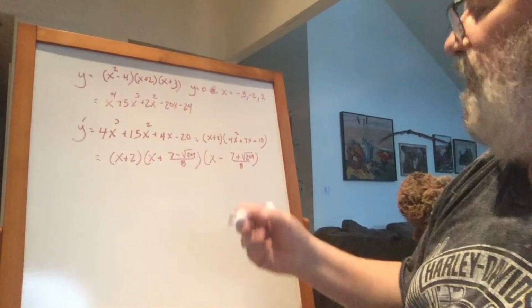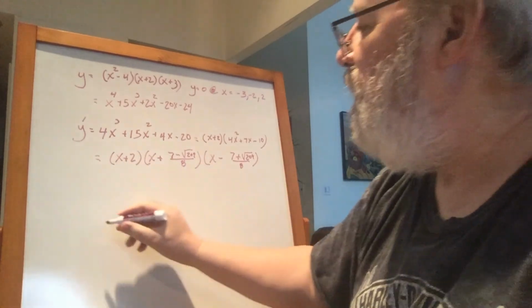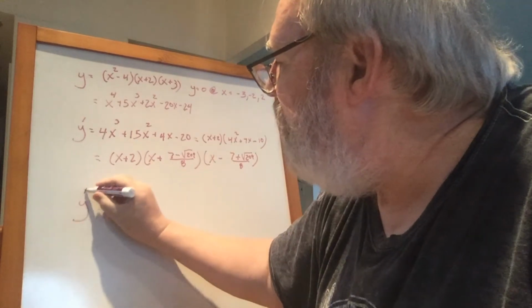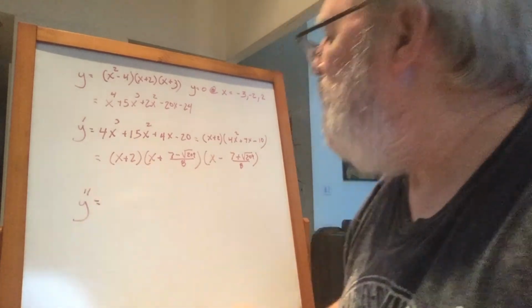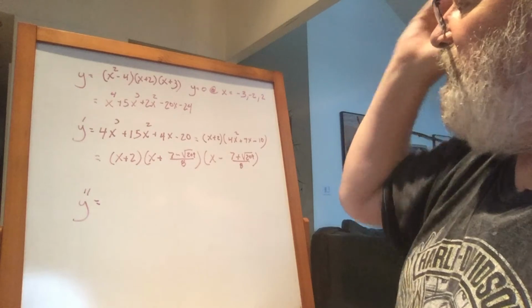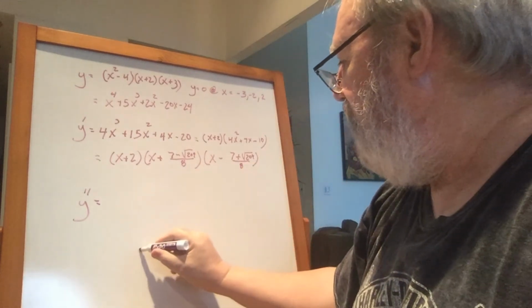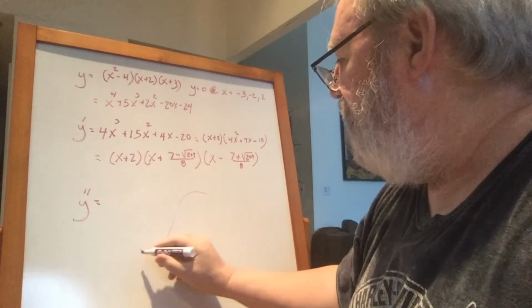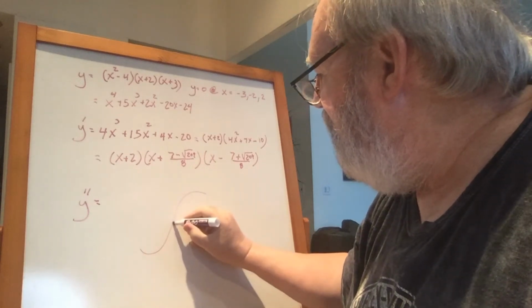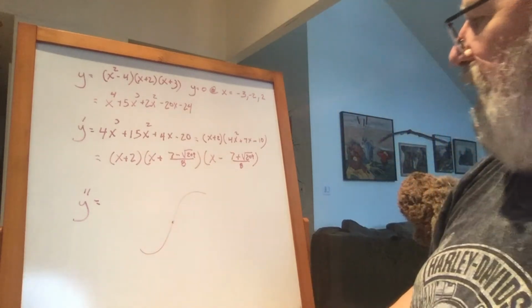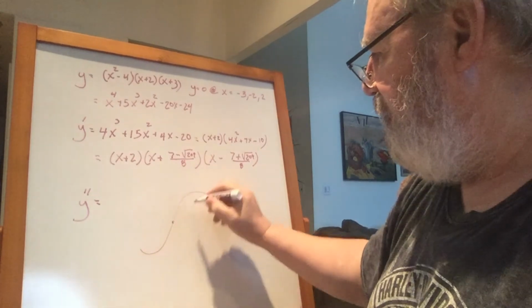And now we look at y double prime, and we look at y double prime for the inflection points. An inflection point is where the curve changes, okay? So right in there is where the curve changed shape.